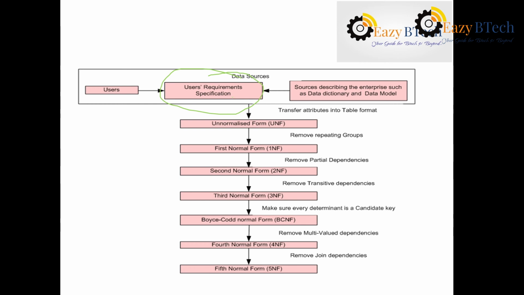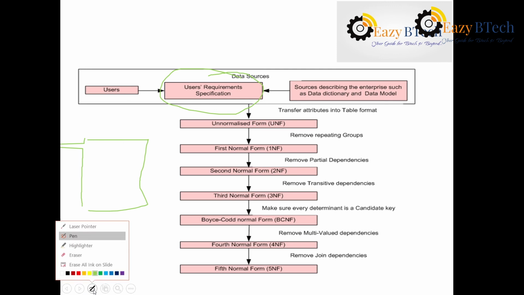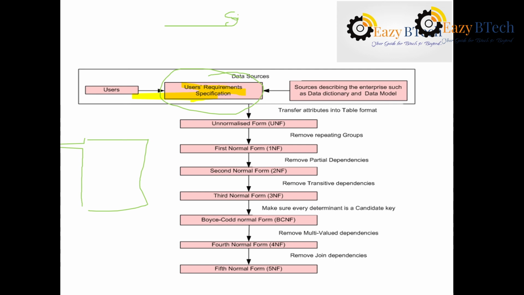Suppose you are a developer, the developer specifies some data, such as employee number, employee name, all those things, based on the data model.